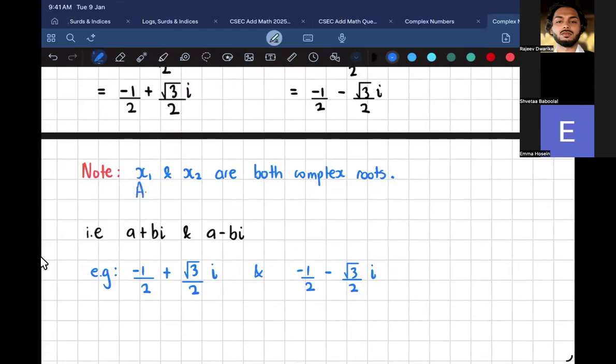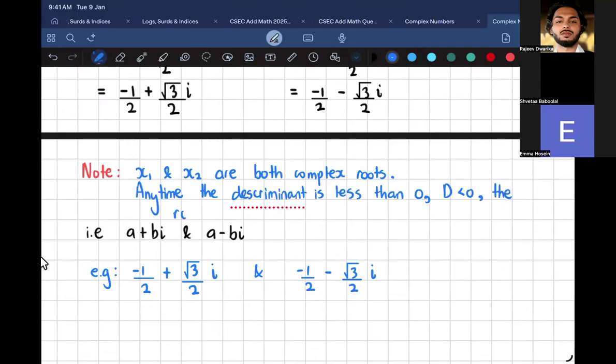Anytime the discriminant is less than 0, the roots will exist as conjugate pairs.